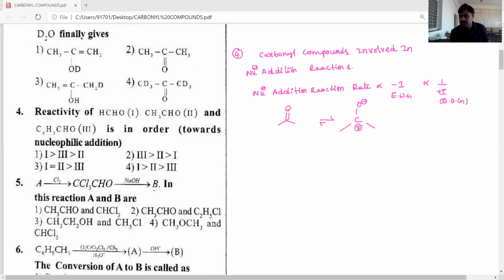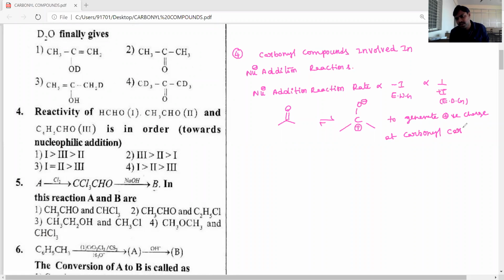In the carbonyl group, we have to generate a positive charge at the carbonyl carbon.